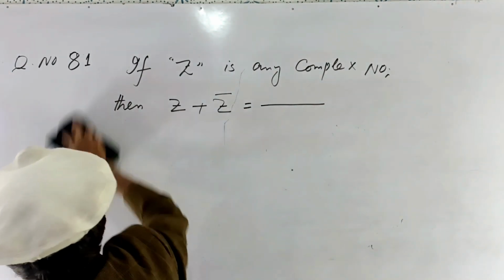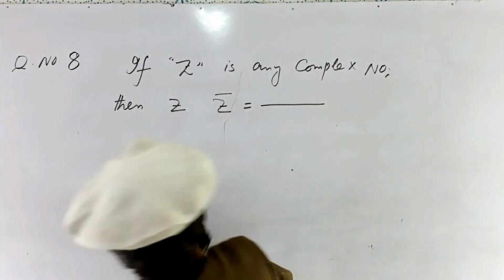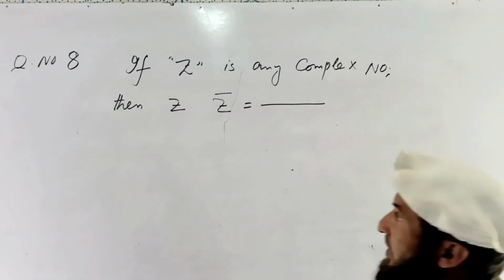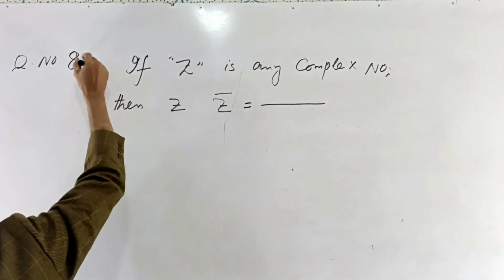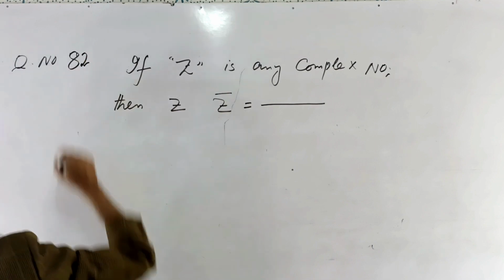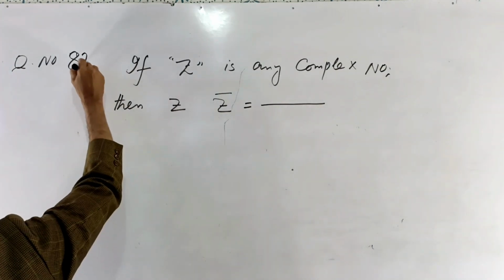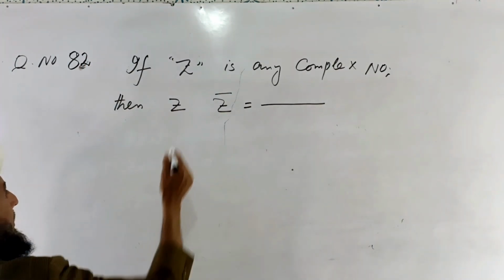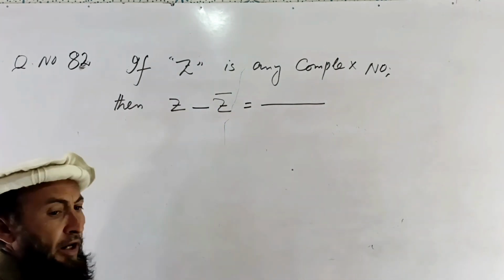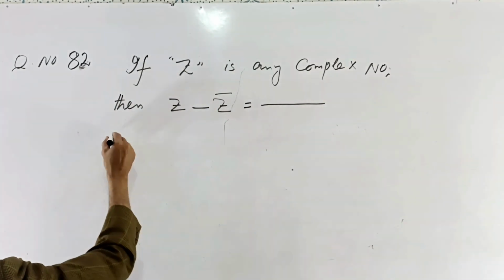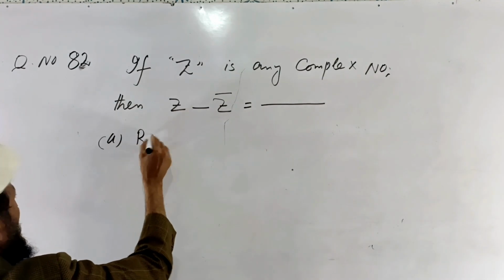Question number 82. If Z is any complex number, what is the value of Z minus Z bar? A, real part.